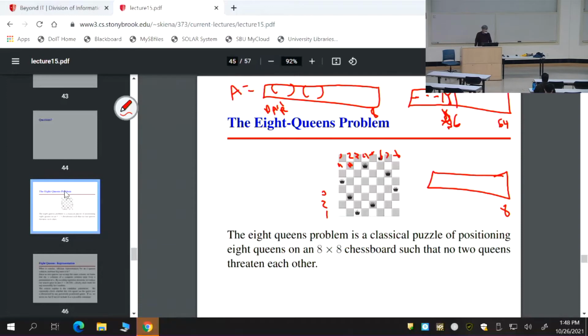So what is that argument? Let the ith position represent the row, and we'll have the value in here be the column of the queen. So here in the first row, the column was a 3. In the second row, the column was a 5.